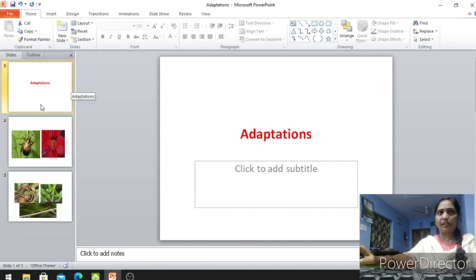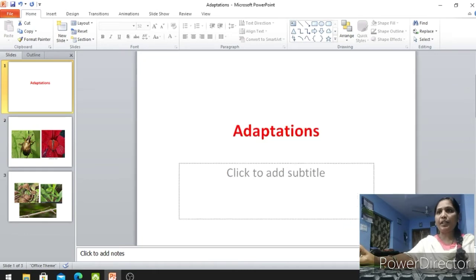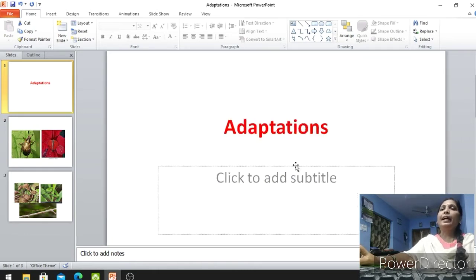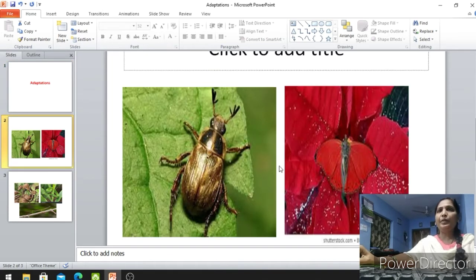We are also going to discuss the different habitats, and what type of adaptations the living organisms show in each particular habitat. So generally we have two types of habitats.